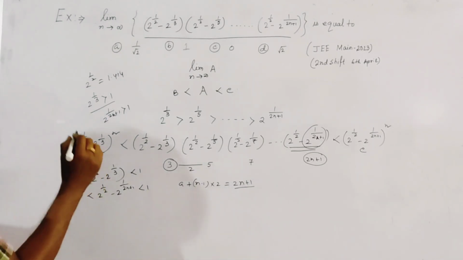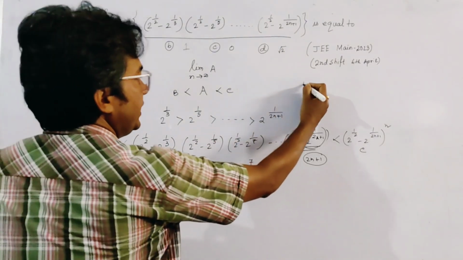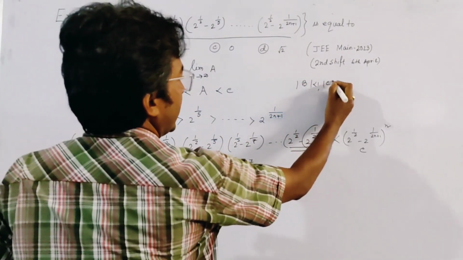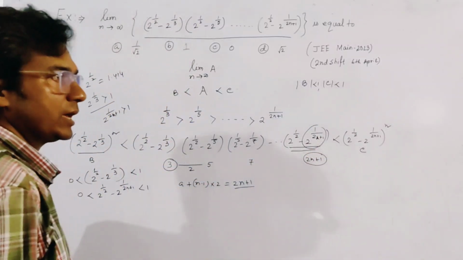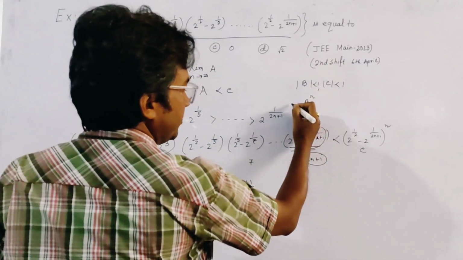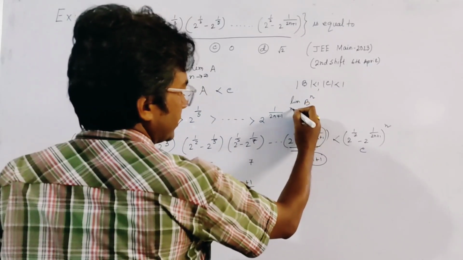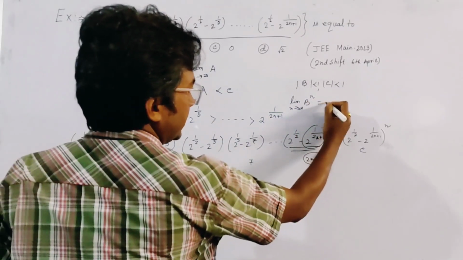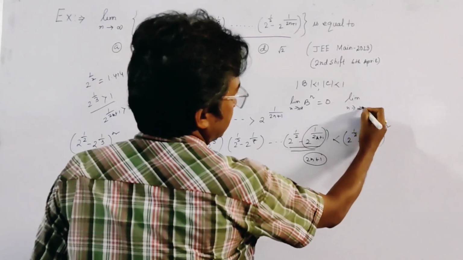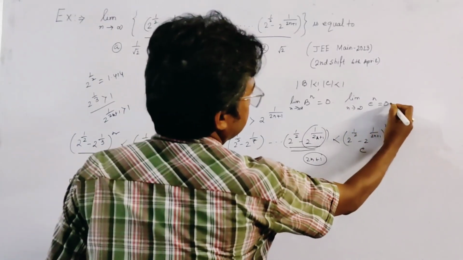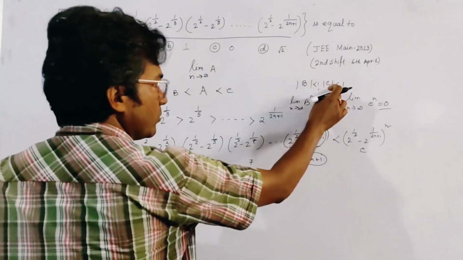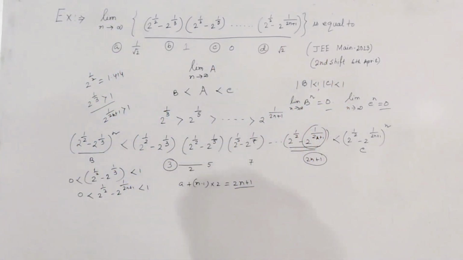So we say that b and c both have modulus less than 1. We know that if we take the limit of b^n and the limit of c^n, then both limits are 0, because |b| is less than 1 and |c| is also less than 1.